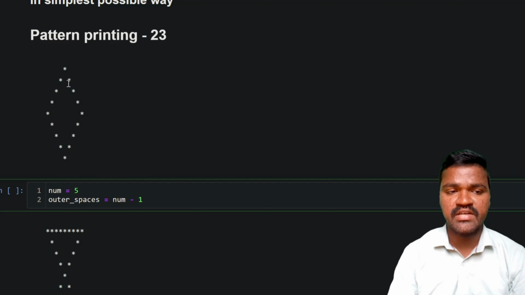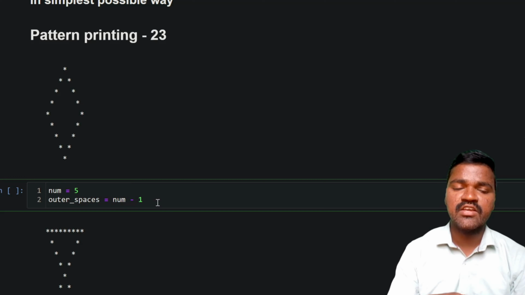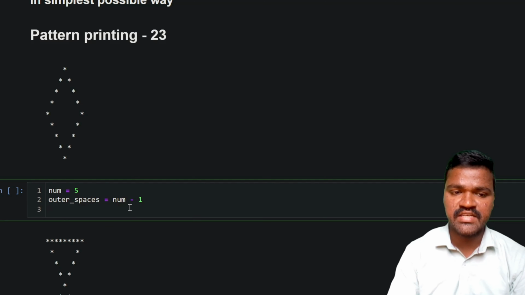Because if we change this pattern into a different one, let's say 6 rows, we will have different spaces here. So even if the number of rows changes, the outer spaces stay fixed as num minus 1.